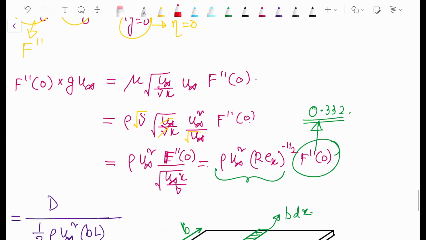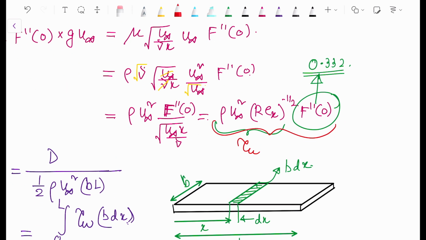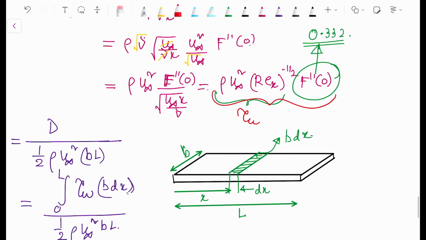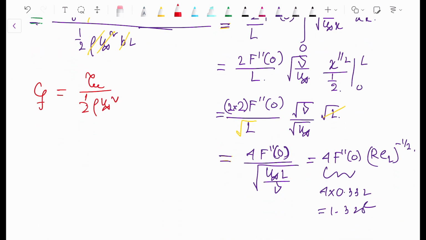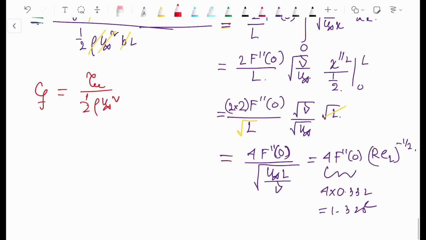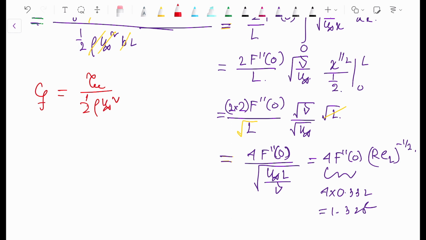So this is tau wall, and this whole thing by rho u infinity square into half will be 0.332 into 2 into Rex to the power minus half. So 0.664 into Rex to the power minus half. So what I was saying was that you may have used these expressions as some formula, but this was the origin of the formula. So this was the Blasius solution.